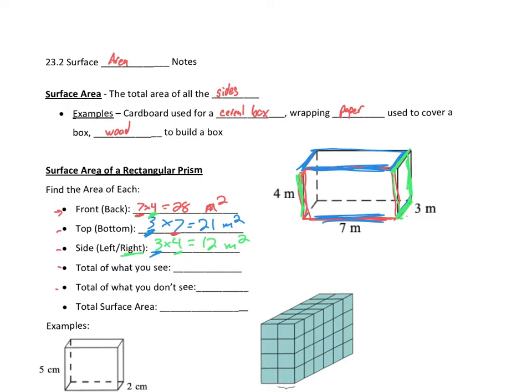Okay, so the total of what we see is just if I add 28 plus 21 plus 12. You could already line it up vertically and I wouldn't have to rewrite it. So that adds up to what? 61 square meters.